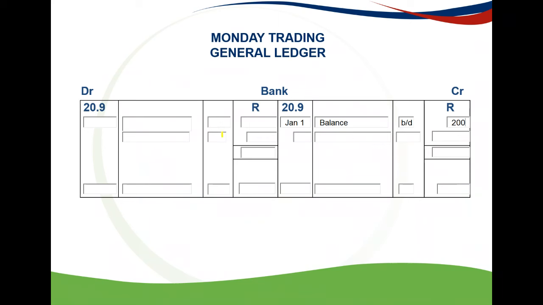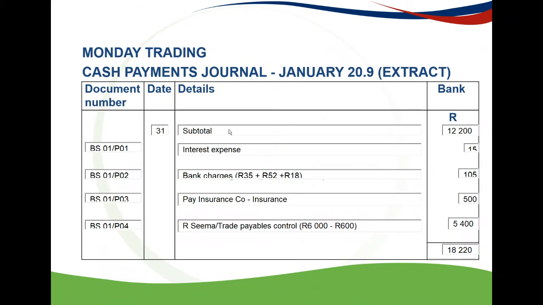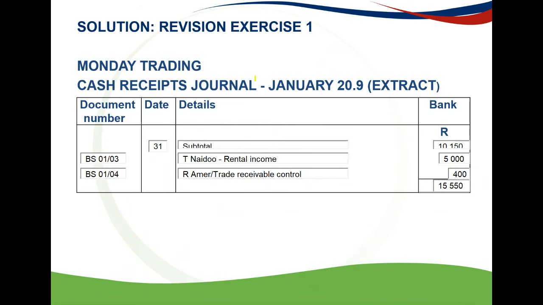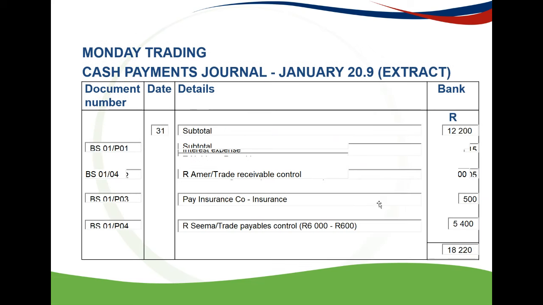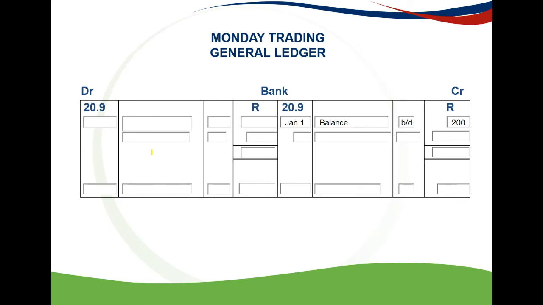Now we know cash receipts will increase my bank. My bank is an asset and it increases on the debit side. So this 15,550 will go to the debit side of my bank account.